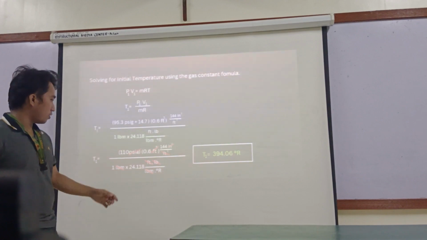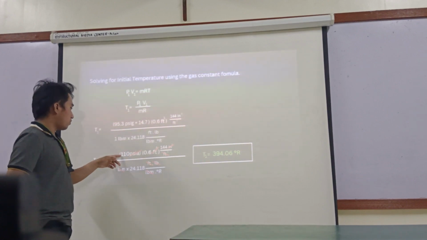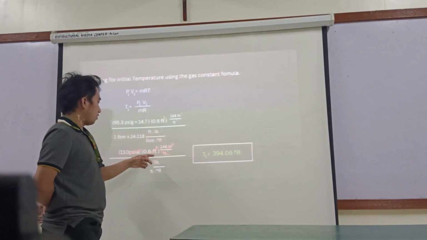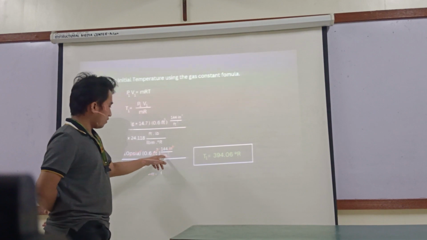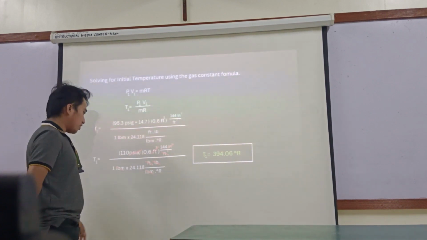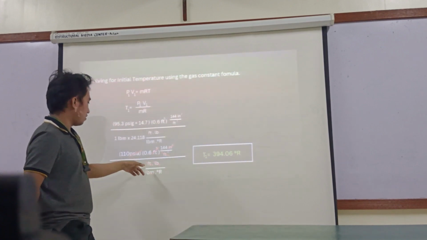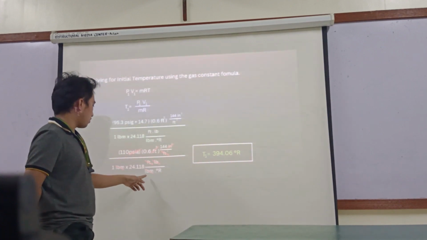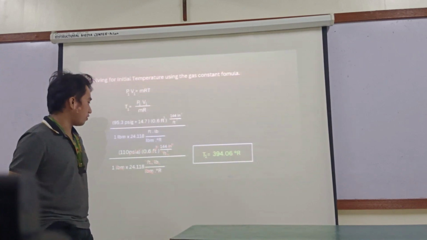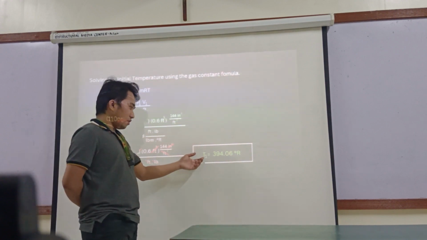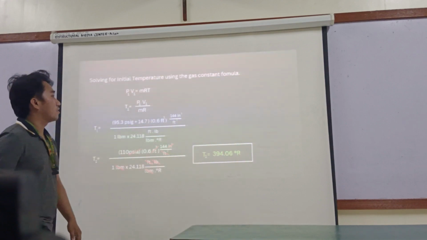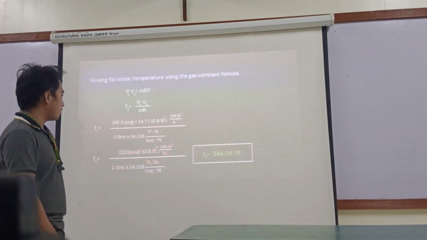So here is the cancellation of units. 110 psia, we can cancel it. The cubic feet cancel, the square feet, the square inch, the pound mass, the feet pounds. So we have here the left unit, degree Fahrenheit, so the initial temperature would be 394.06 degree Fahrenheit. Next slide.